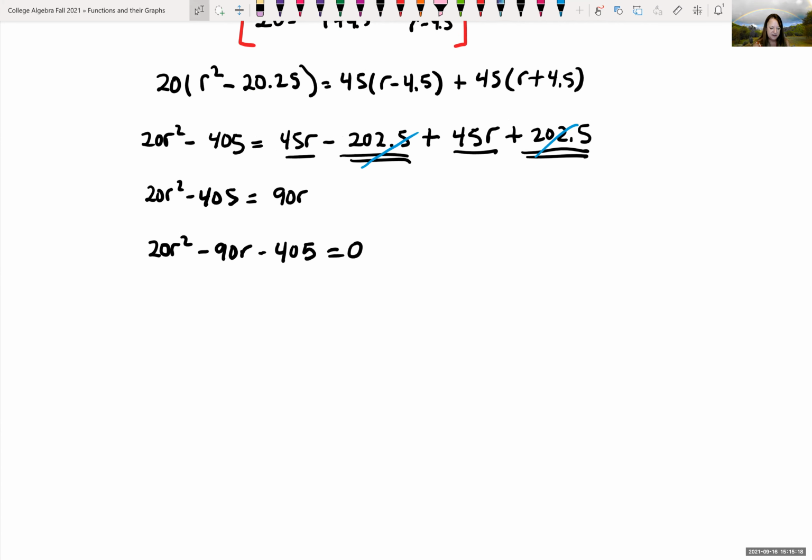And so if I factor out a 5 from all 3 of those terms, I get 5 all times the quantity 4r squared minus 18r minus 81. 5 goes into 90 18 times, and 5 goes into 405 81 times.